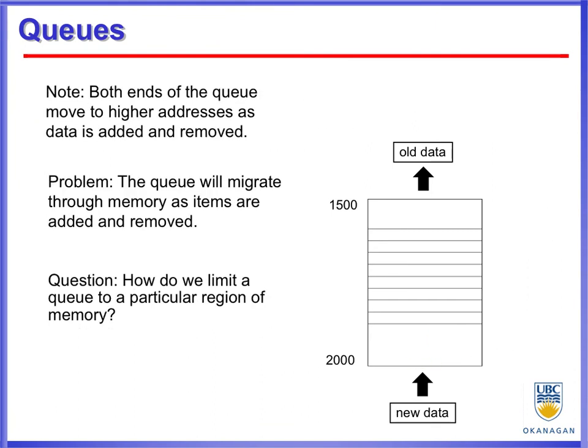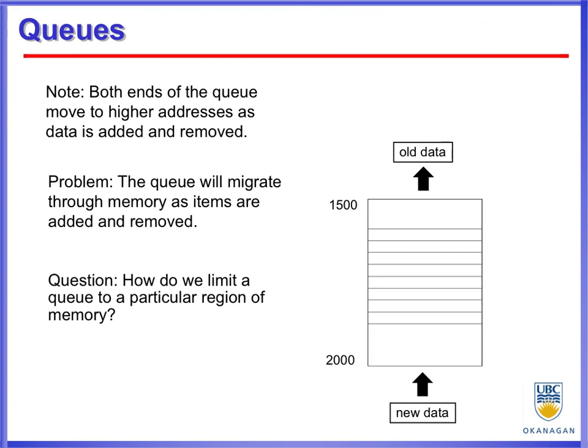Okay, so we need 2 pointers. Well, obviously, this becomes a problem because both ends of the queue actually start moving as people come and go, okay? Or as data comes and goes, right? As I add people into the queue, this pointer is going to go down, right? Both ends of the queue move to higher addresses as data is added and removed, right?